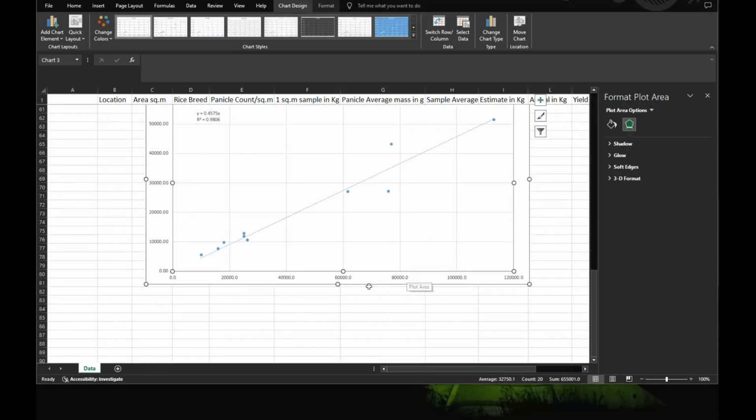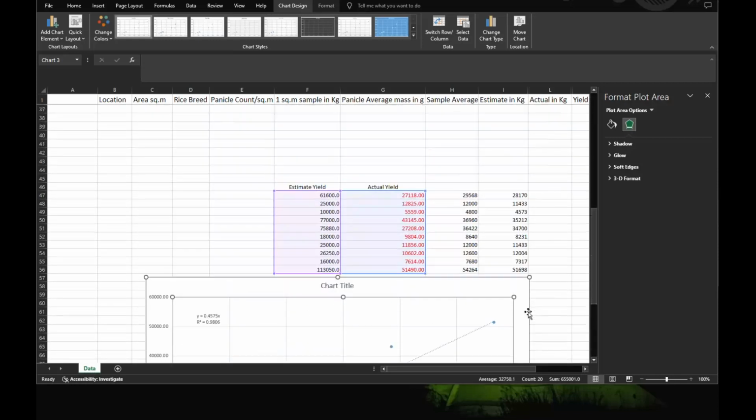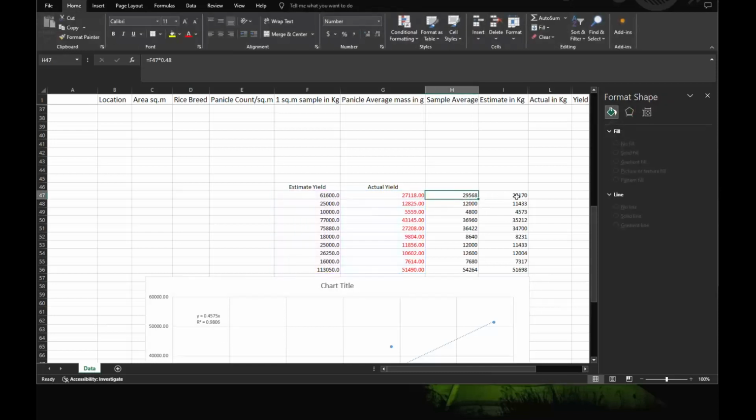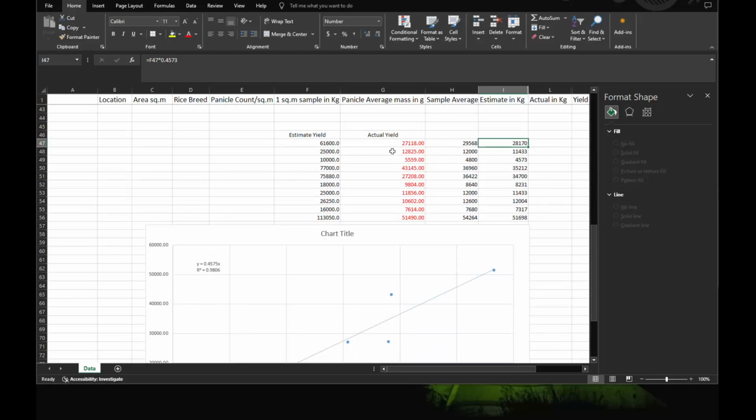So now, using the value 0.4575, from the estimate, these two values, the actual yield and this, they come pretty close.